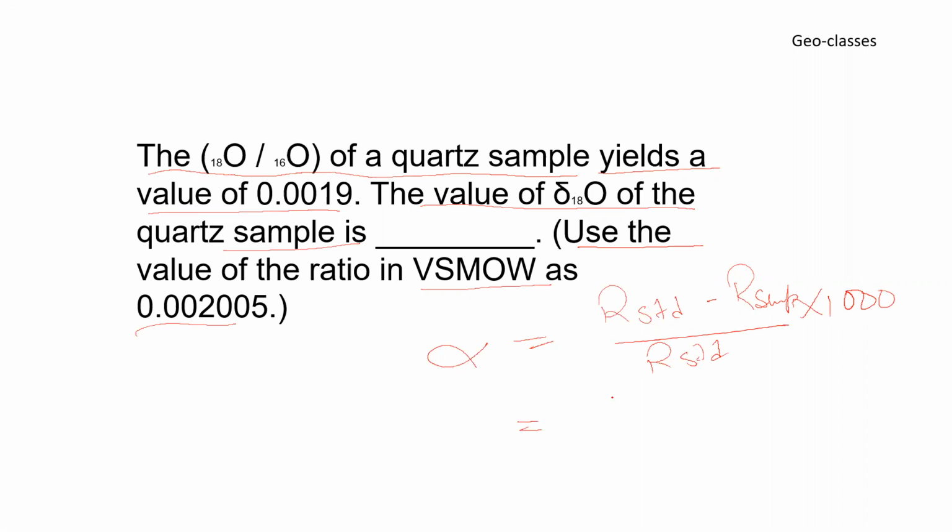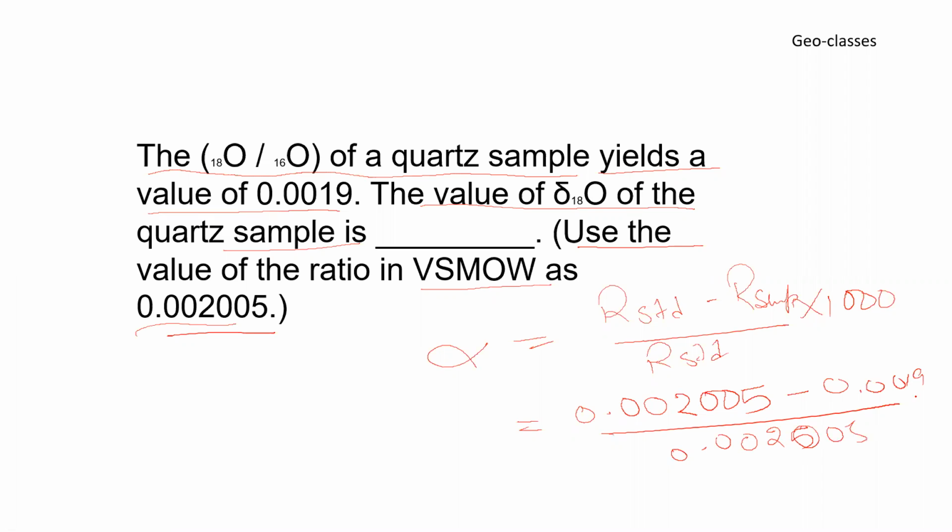R standard is given as 0.002005, minus this value 0.0019, divided by 0.002005, sorry, multiplied by 1000.